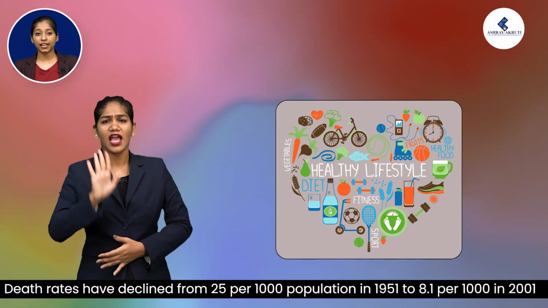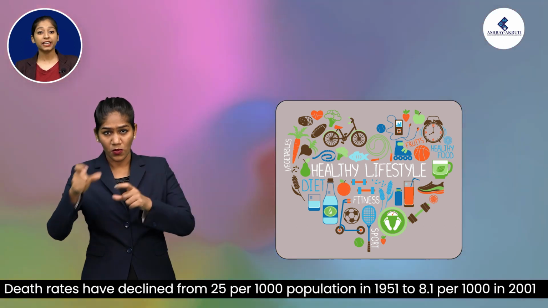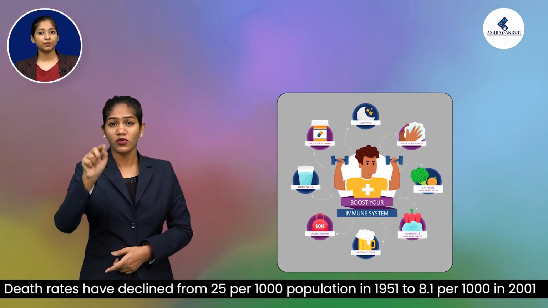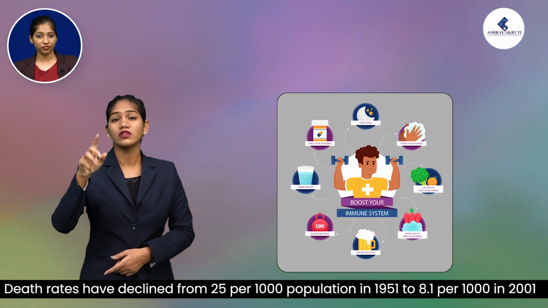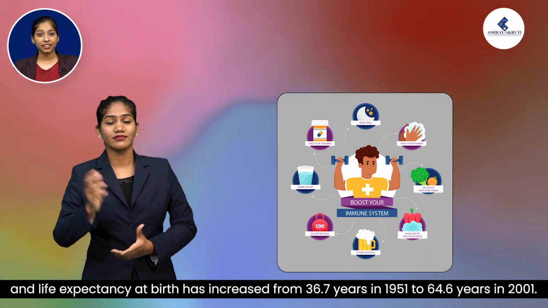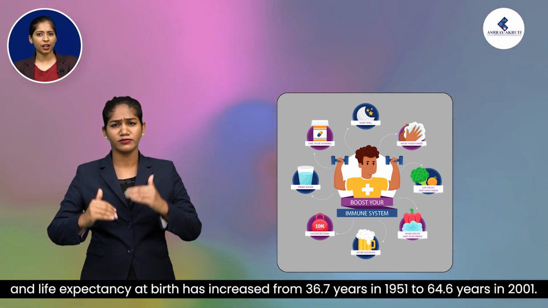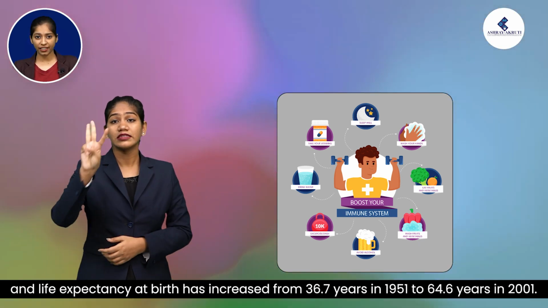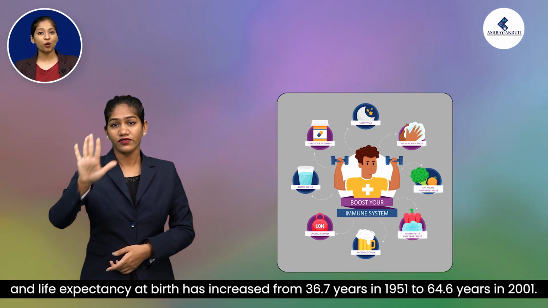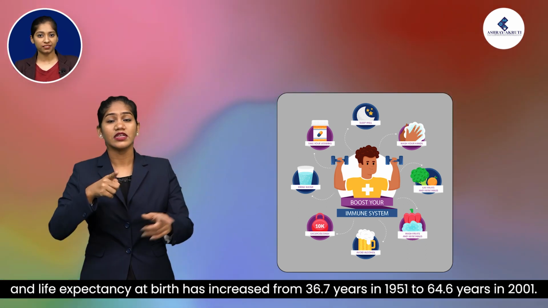Death rates have declined from 25 per thousand population in 1951 to 8.1 per thousand in 2001. And life expectancy at birth has increased from 36.7 years in 1951 to 64.6 years in 2001.